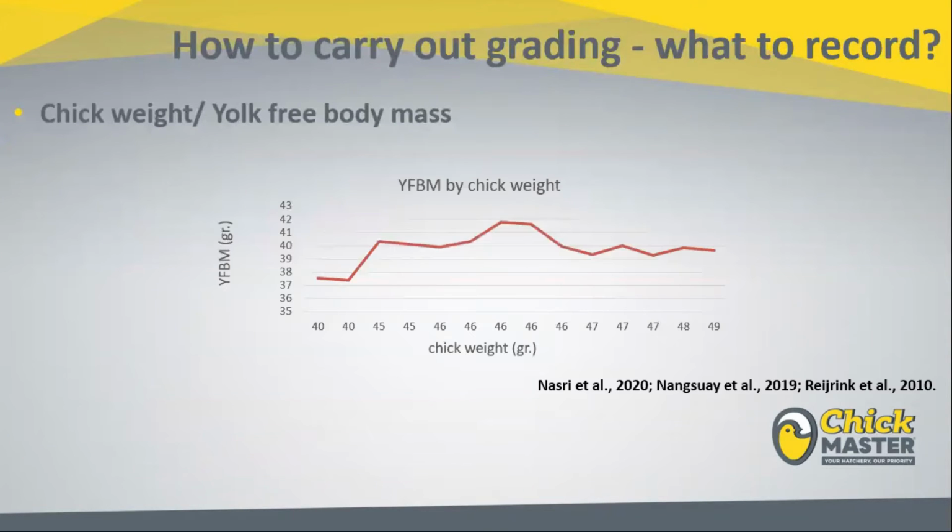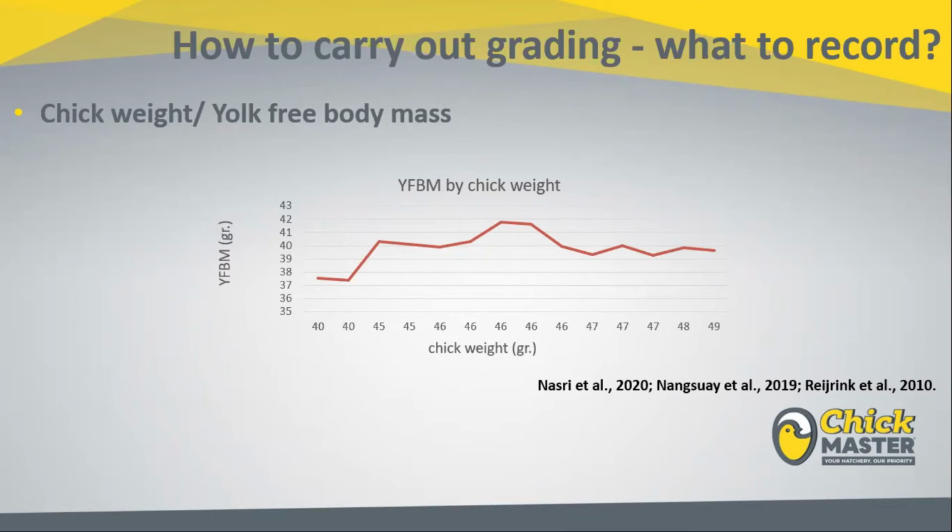Concerning the chick weight, I know that in the hatchery and on the farm, we like measuring this parameter, and it's very common to evaluate the quality of a chick according to its weight. But in reality, we should keep in mind that the chick weight doesn't include only the carcass weight.